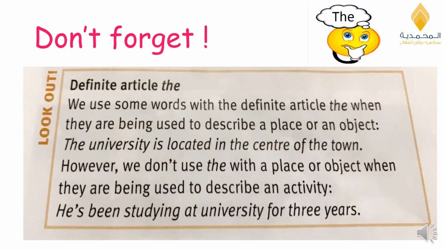However, we do not use the with a place or object when they are being used to describe an activity. So I say, "He's been studying at university for 3 years." When I'm talking about the activity in that place, I'm not using the. When I'm mentioning the building or a place, I use the. It's easy, right?